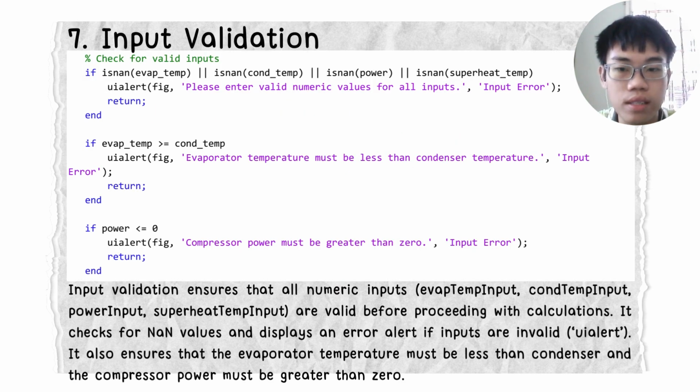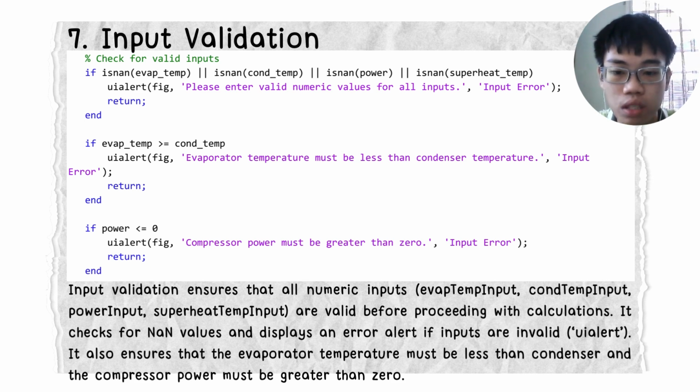The next one is the input validation. Before we proceed to the calculation, we need to ensure that all of the inputs are valid. The code shown here is the input validation, which will ensure that all the numeric inputs, such as the evaporator temperature input, condenser temperature input, power input, and superheat temperature input, are valid before proceeding to the calculation.